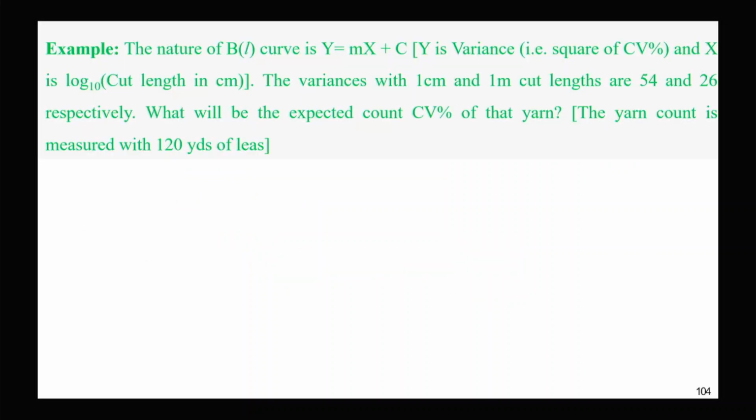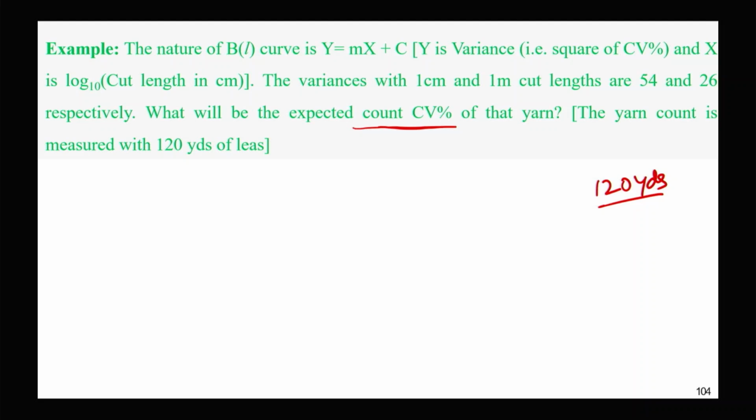The next numerical, a similar numerical. Here it is given, what will be the count CV? We measure the count CV based on 120 yards of length. Okay, we take the cut length as 120 yard and then measure the count CV.